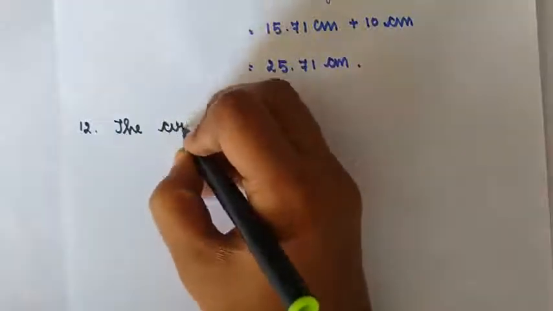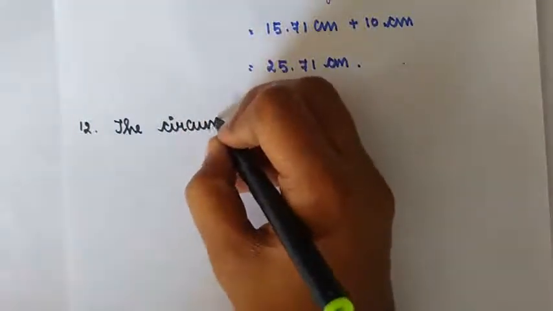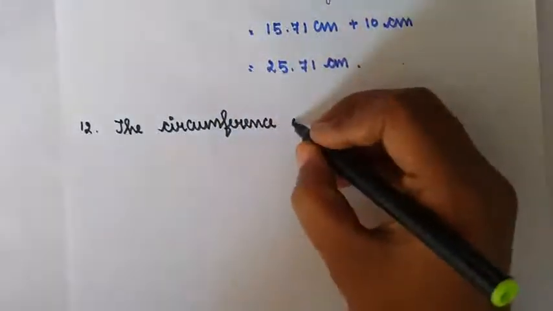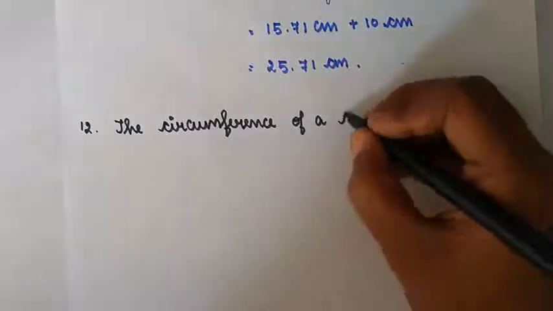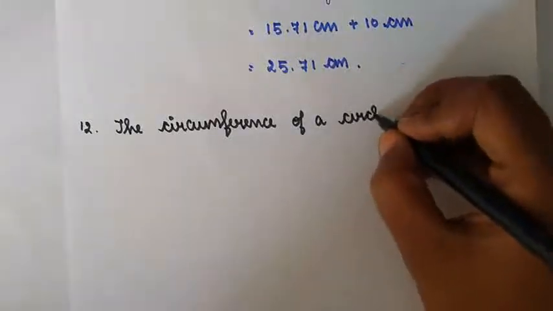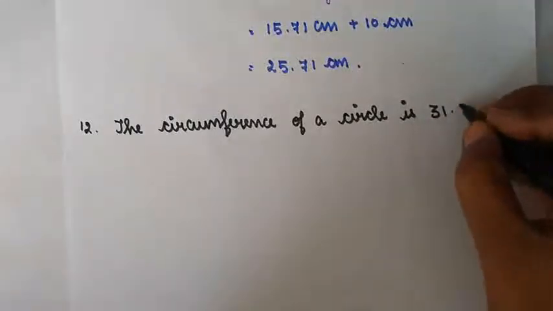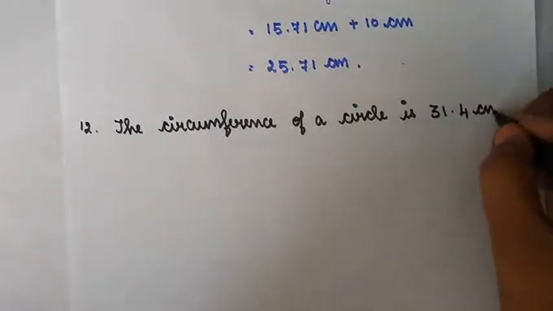The circumference of a circle is 31.4 centimeter.